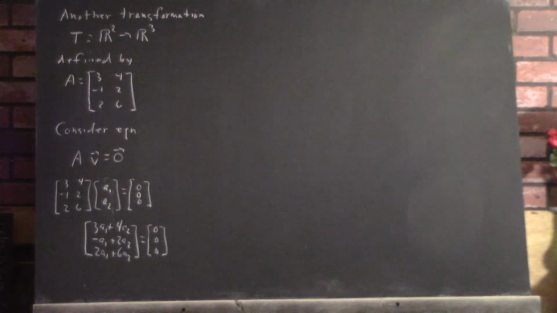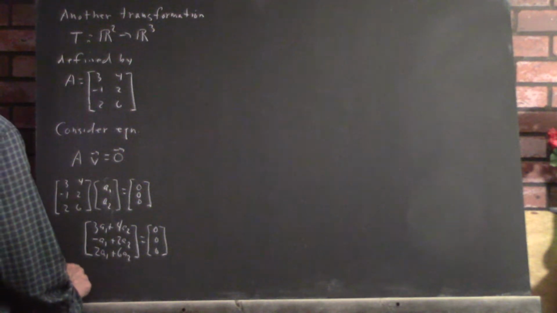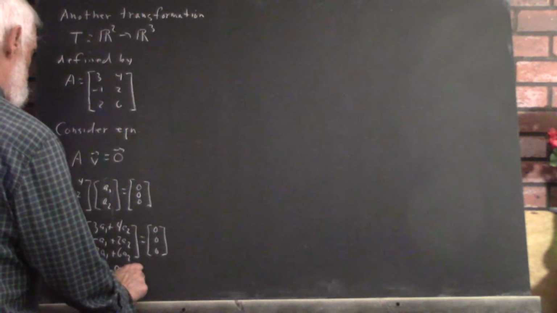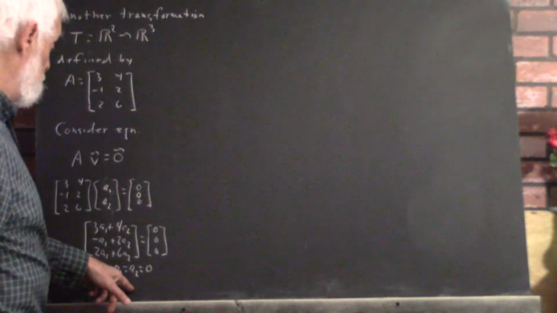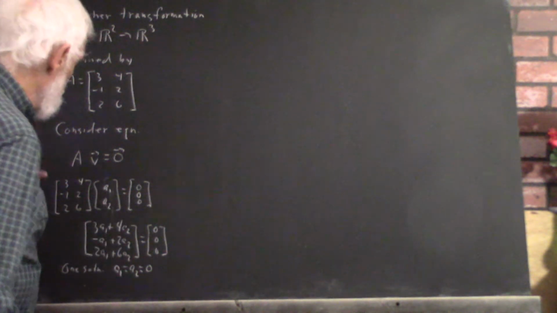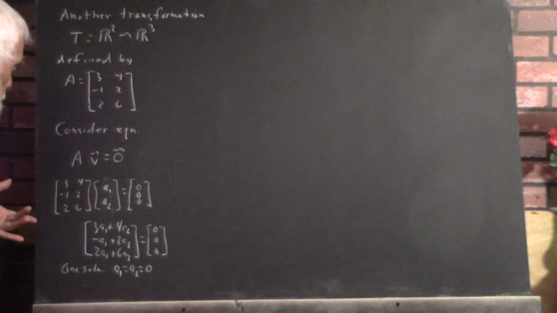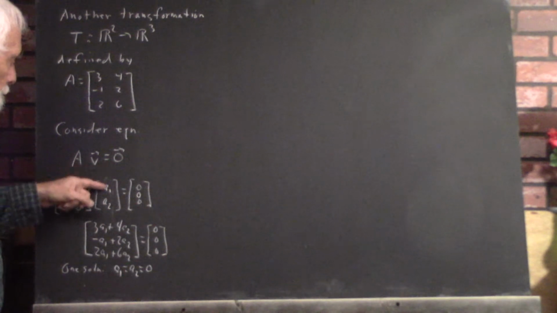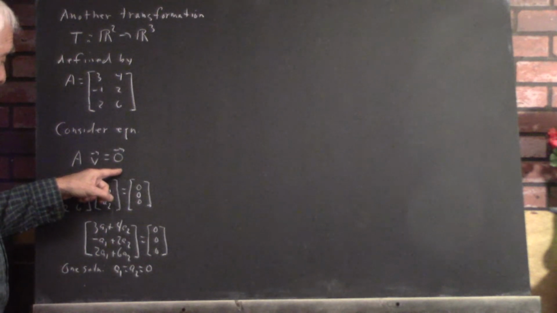Okay, well, is there a solution? Well, yeah, there is a solution. A1 and A2 are both 0. You can see that for any transformation defined by a matrix, if we multiply that matrix by the 0 vector, we're going to get the 0 vector. So there's always a solution to AV equals 0.